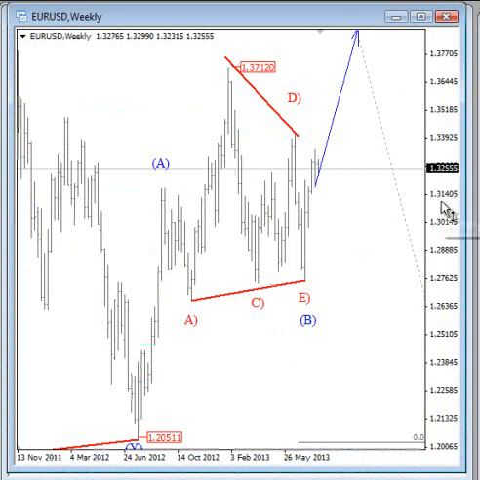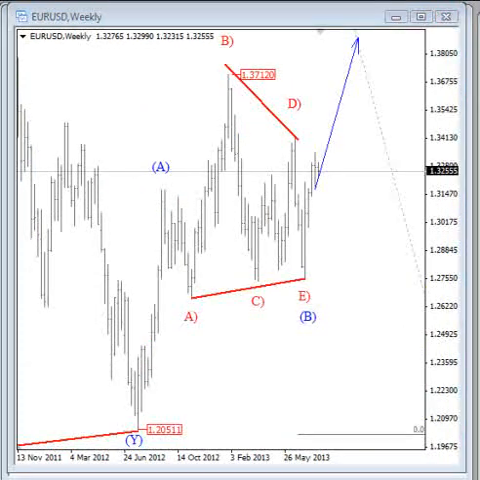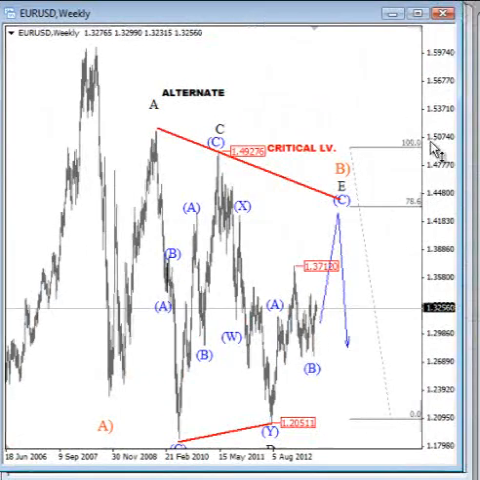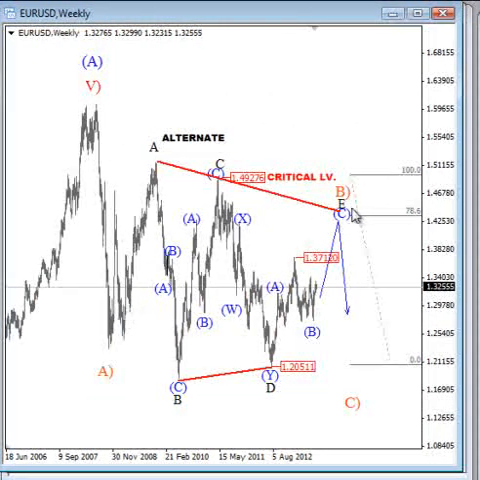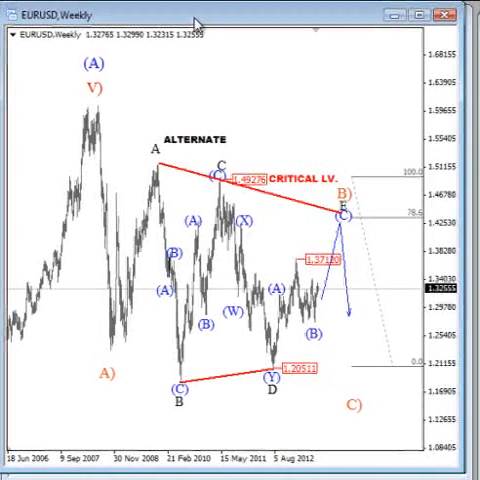So this would then be our wave count. Okay, still a triangle in this wave B, and in such a case we would be looking for higher levels in wave E, a much more complex and longer wave E than in the first place.